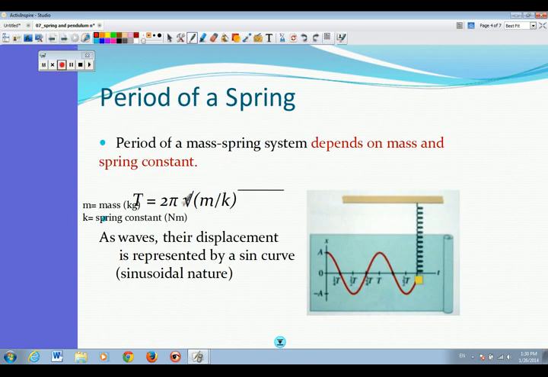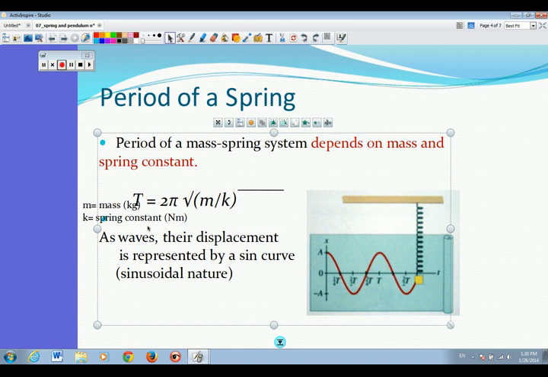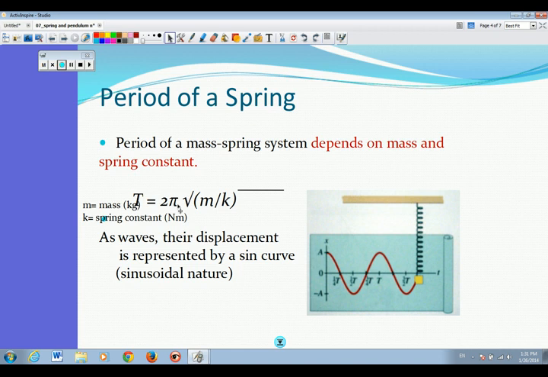The period of that spring, and this kind of looks like it got off track just a little bit, the period of this spring is equal to 2 times pi times the square root of the mass on the spring divided by the spring constant. Does that make sense?